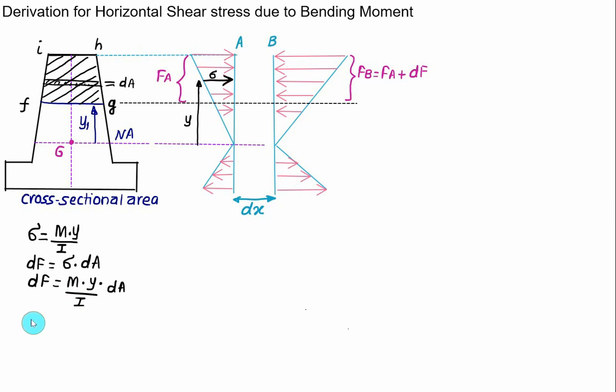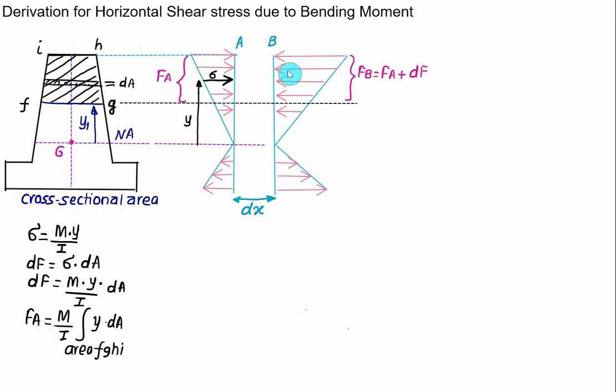So we have total force FA equal to M by I integral y dA, where M is a constant, I is a constant, and y is variable. Since we are integrating with respect to dA, we have to take the area FGHI. Now this force is acting in the rightward direction.